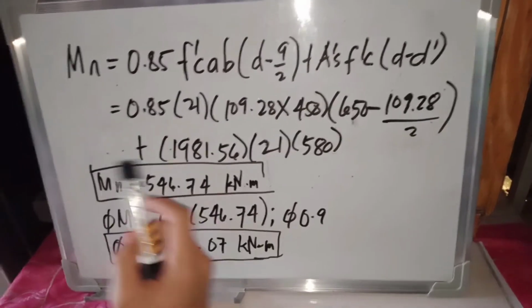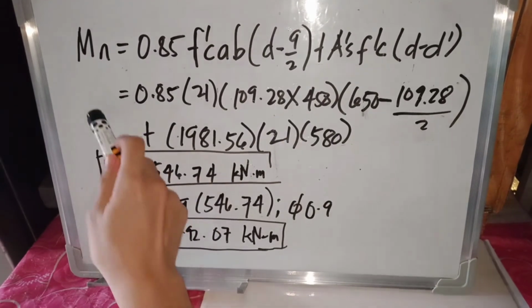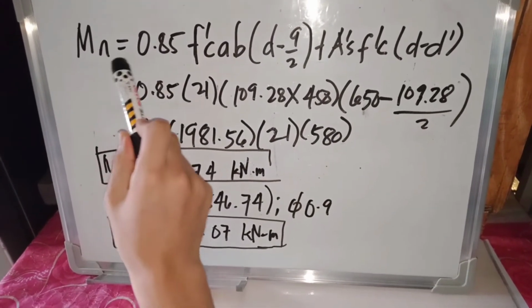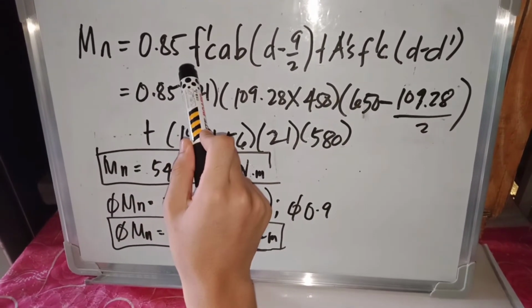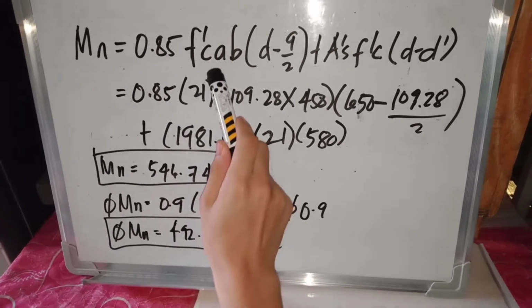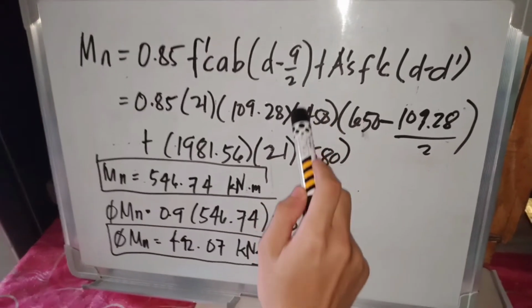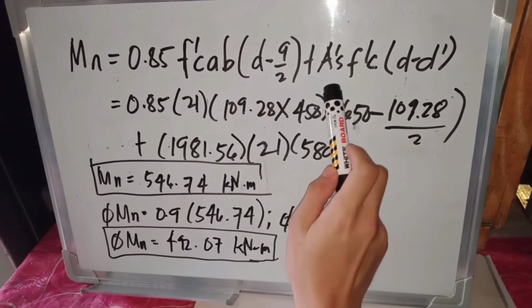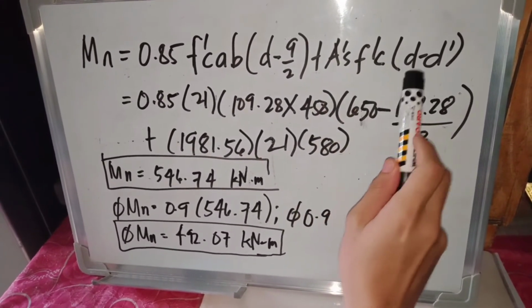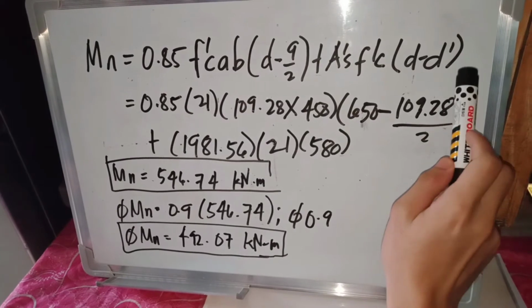To continue the solution, we have to get our moment, which is equal to 0.85 times F prime C times A times B times D minus A over 2, plus A prime S times F prime C times D minus D prime.